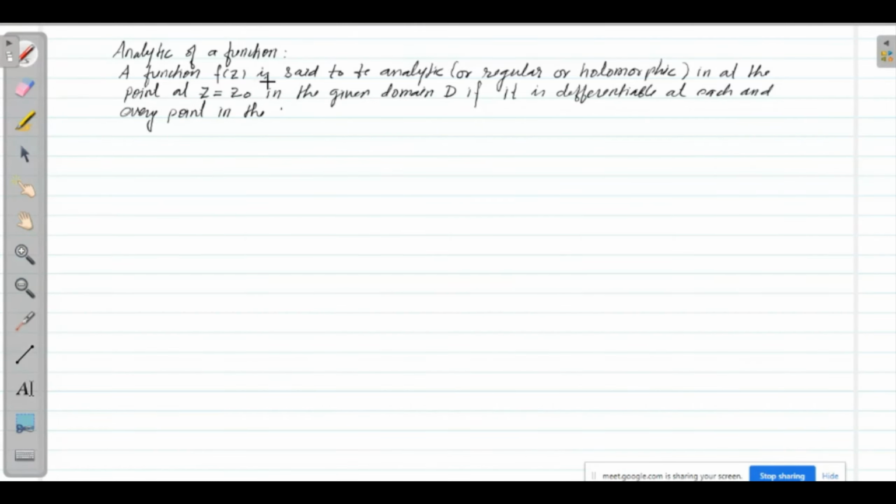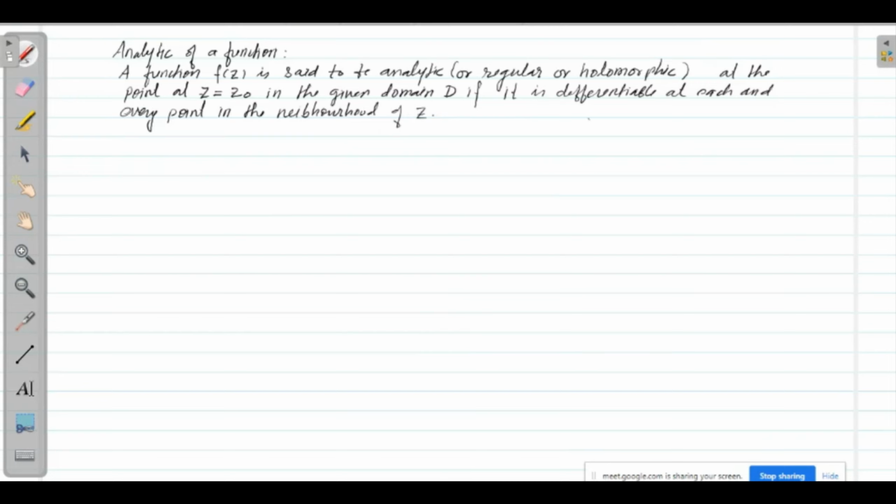A function f of z is said to be analytic, or regular, or holomorphic, at the point z equal to z naught in the given domain D if the function is differentiable at each and every point in the neighborhood of z. Neighborhood of z means what?